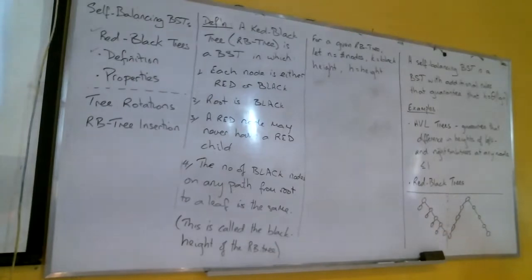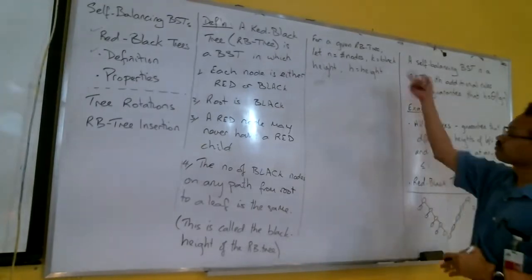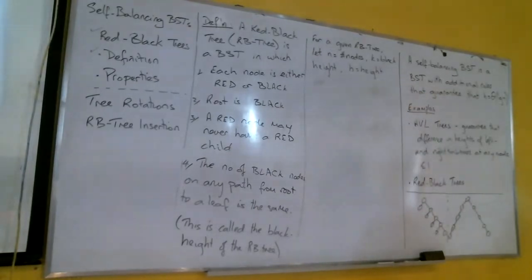Okay? Now what we want to do is try and establish some relationships between these. So let me start simple. Let's see if you can establish a relationship between the black height and the height. If you know the black height, can you put any bounds on the height?